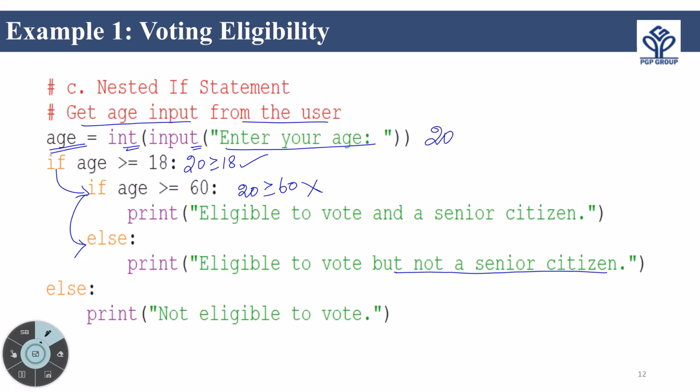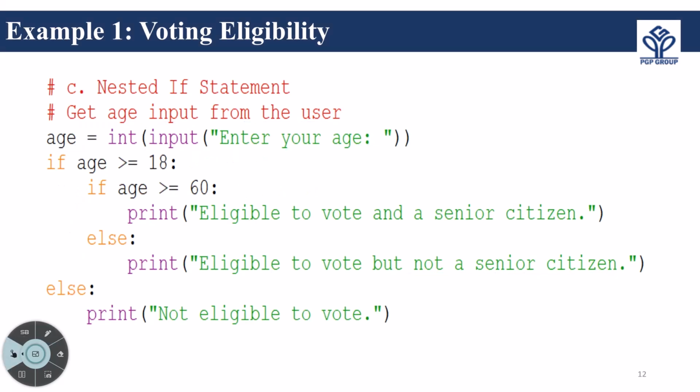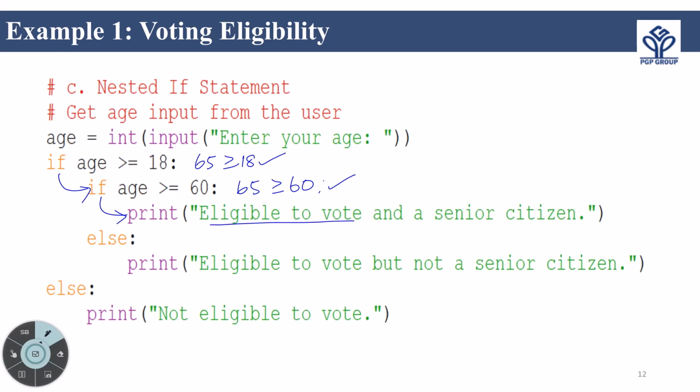So eligible to vote but not a senior citizen. Clear? Suppose we give the age as 65 greater than or equal to 18. This condition is true. Next we enter the next if to again check 65 greater than or equal to 60. This condition is true, so it prints eligible to vote and a senior citizen.